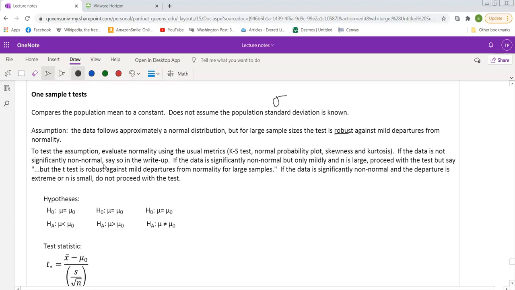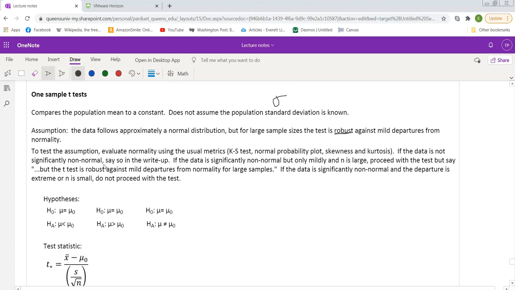But we can say that it appears the data follows a normal distribution, or the data does not depart significantly from normality, something along those lines. There are variations you can say. You just can't say conclusively, this data follows a normal distribution.